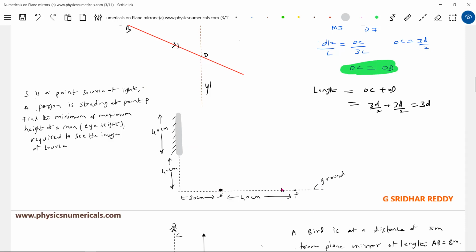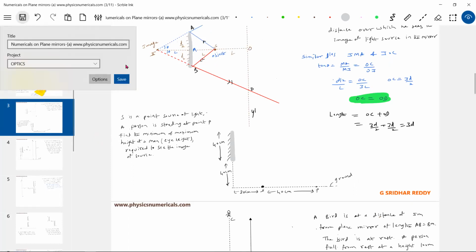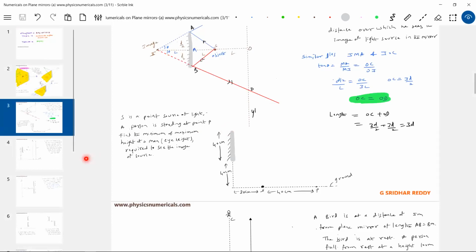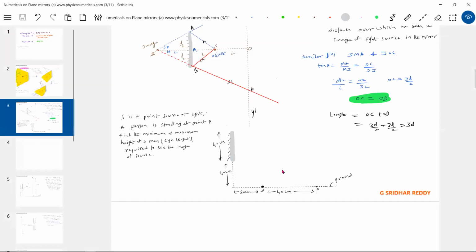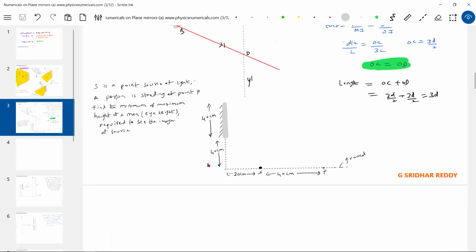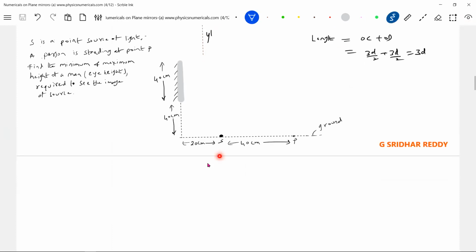I need some extra page. Okay, we'll carry on now. How to get this one? Again, I'll make the incident rays.